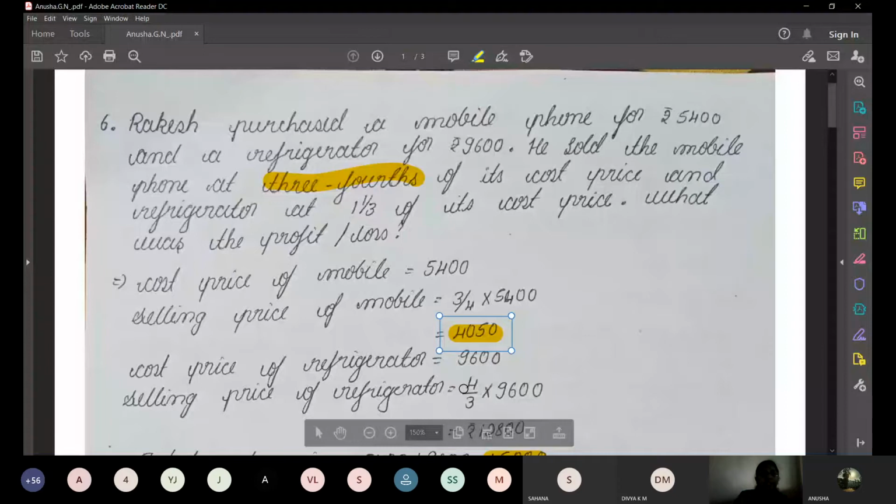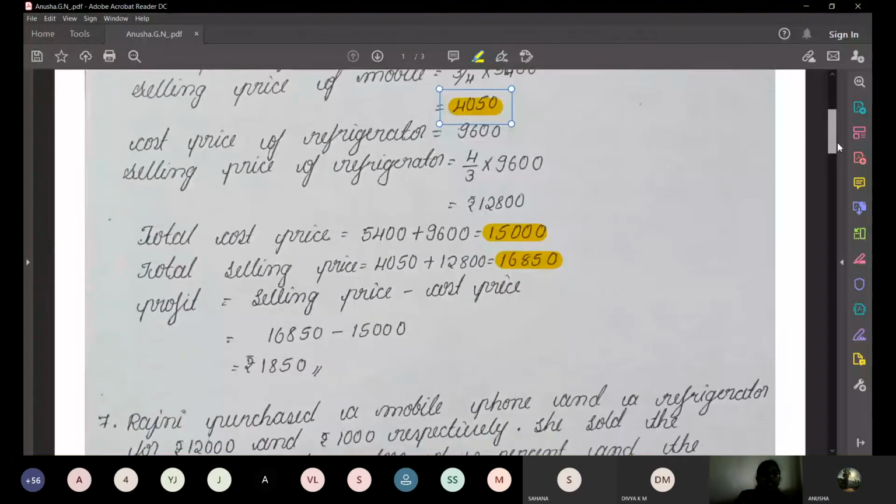So 4/3 into 9,600. Now the selling cost of this refrigerator is 12,800. He bought it for 9,600 but is selling it for 12,800 according to the given data. So now there is a profit if we include both the products.